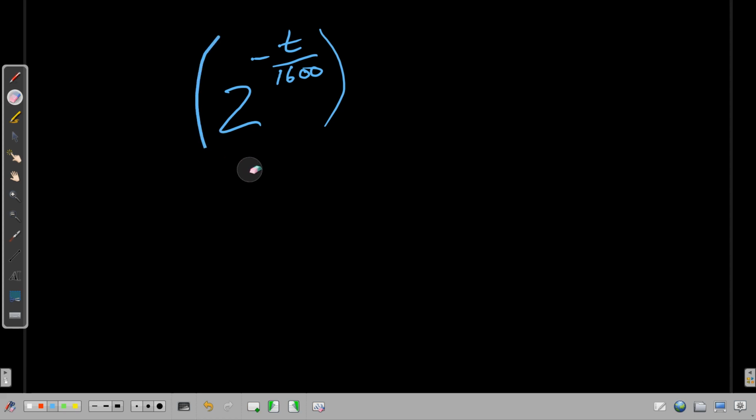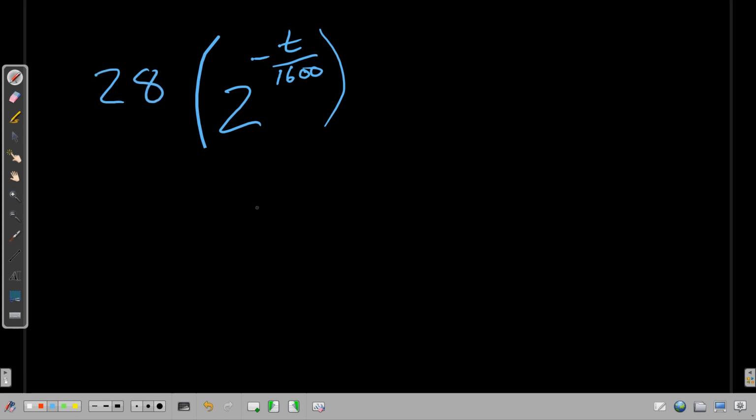So the half-life is 1,600 years, so it would have to involve a 2 to the minus t over 1,600. I can multiply this number by however much I'm starting with, and it would describe the amount that I would have after t many years.